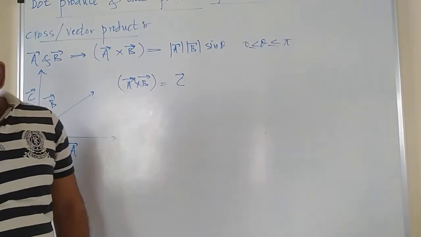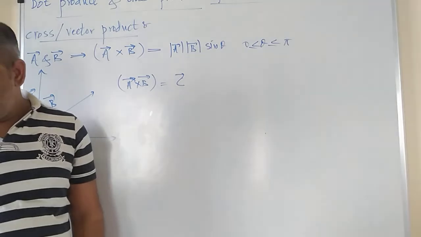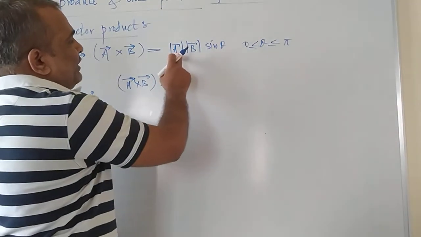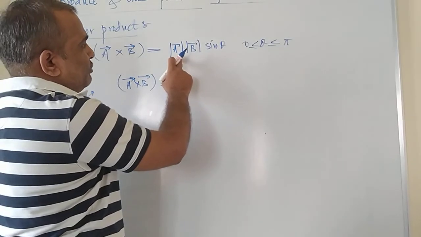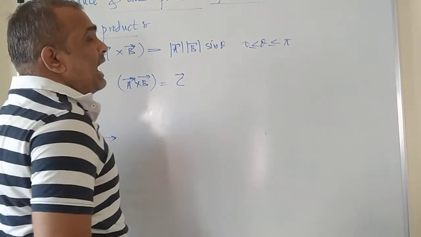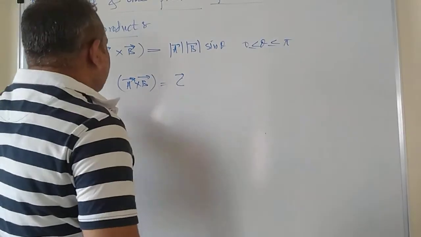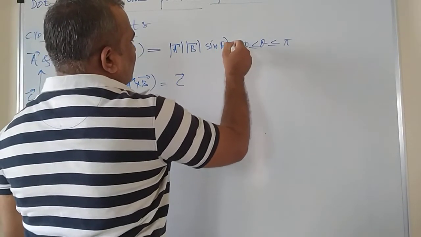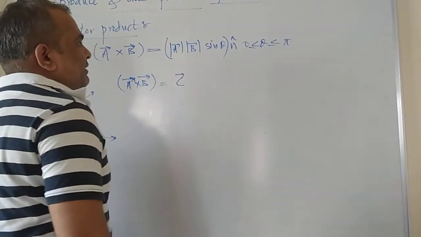So the cross product of two vectors is equal to the multiplication of the magnitudes of the two vectors into sine theta, and the direction of this is represented by a unit vector. So n cap is a unit vector.